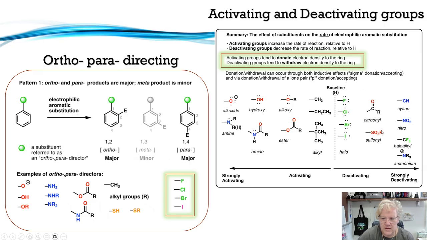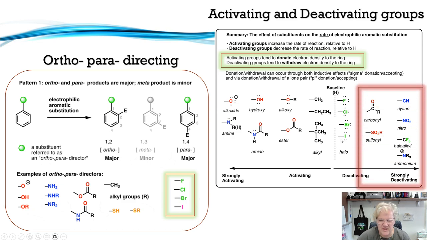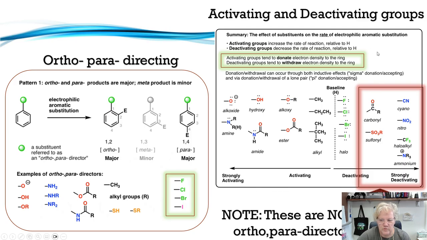The cyano group and nitro groups are strongly deactivating, because they're pulling electron density out of that ring. And these are in the middle, because they're deactivating, but not necessarily withdrawing. They are and they aren't. Those are our main ones. Note, these are not on our ortho-para director list.